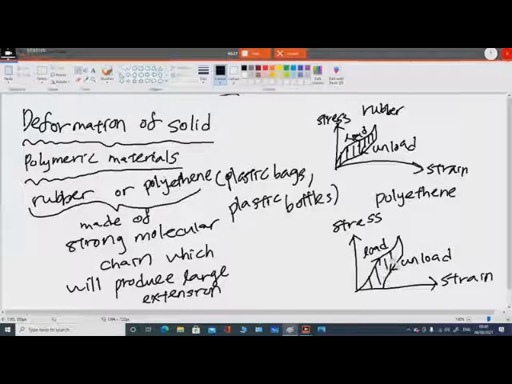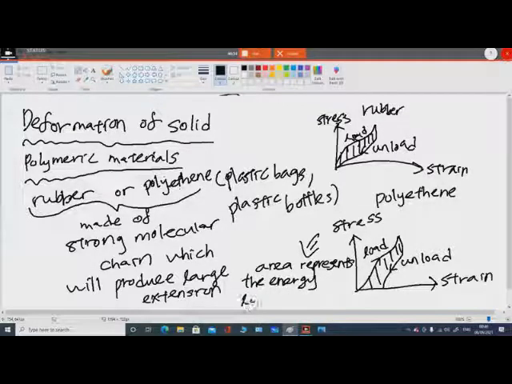This area represents the energy loss per unit volume in the form of heat.